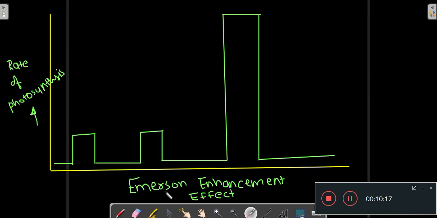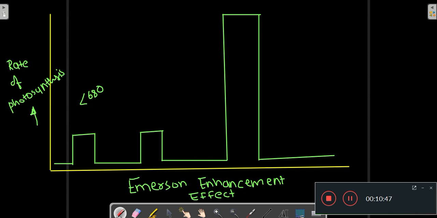So this graph is representing the Emerson enhancement effect. Here you have the rate of photosynthesis. When you hit the tube with a light which has a wavelength greater than 680 nanometers, this is the rate of photosynthesis you get.